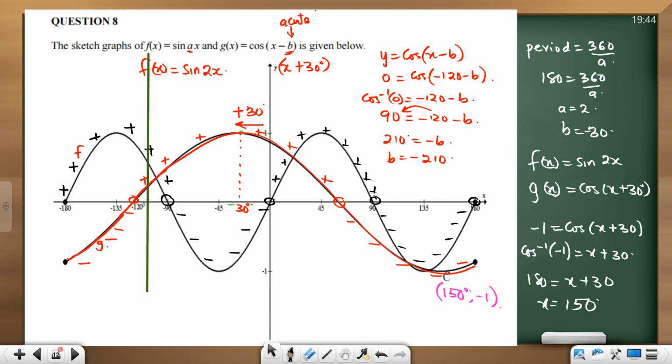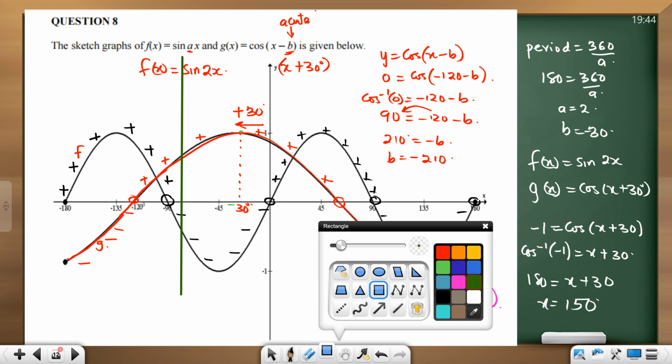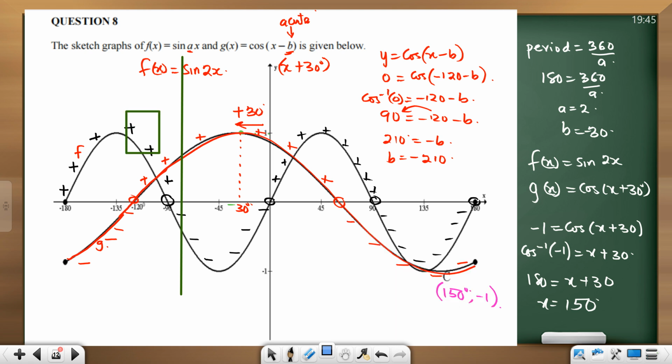I need all of this point, up to there. Why there? Once I move from 90, what am I touching? Positive and negative. But what do I want? Positive and positive. Can I first mark out my answer for this one?